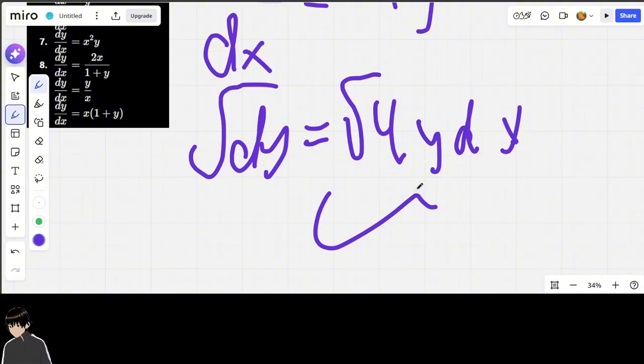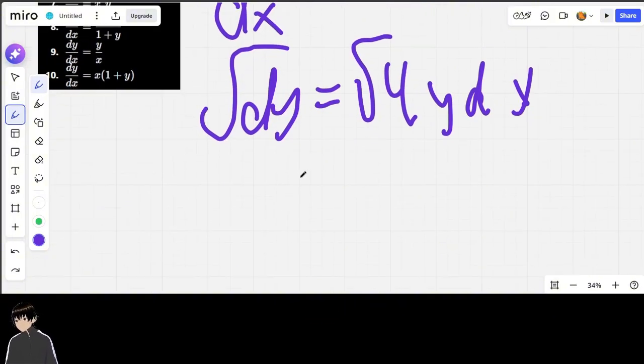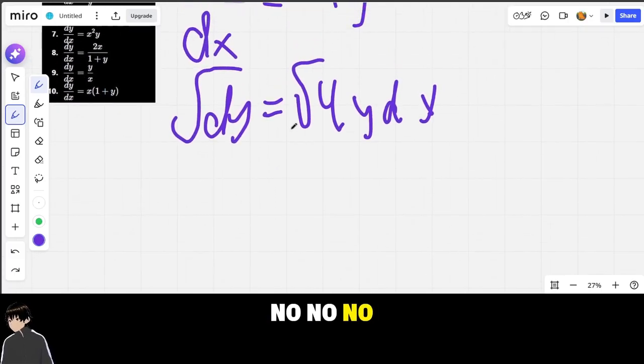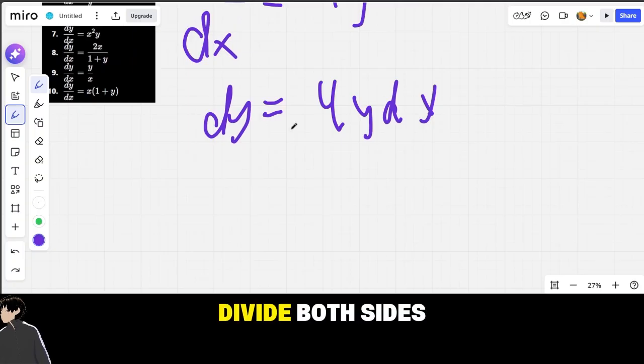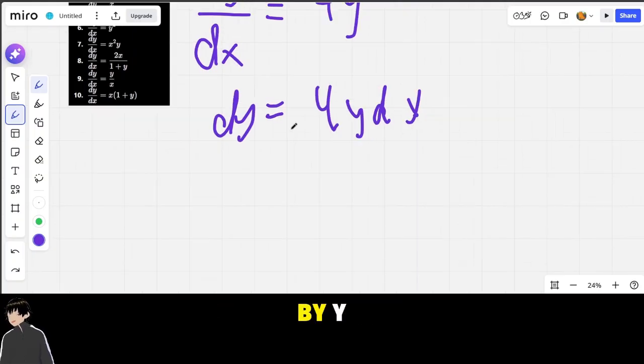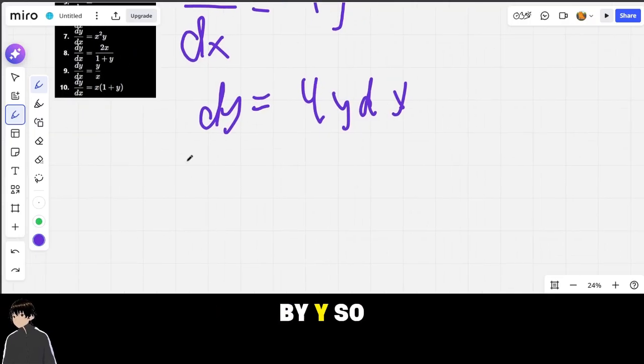Hold on. No, we actually have to divide both sides by y.